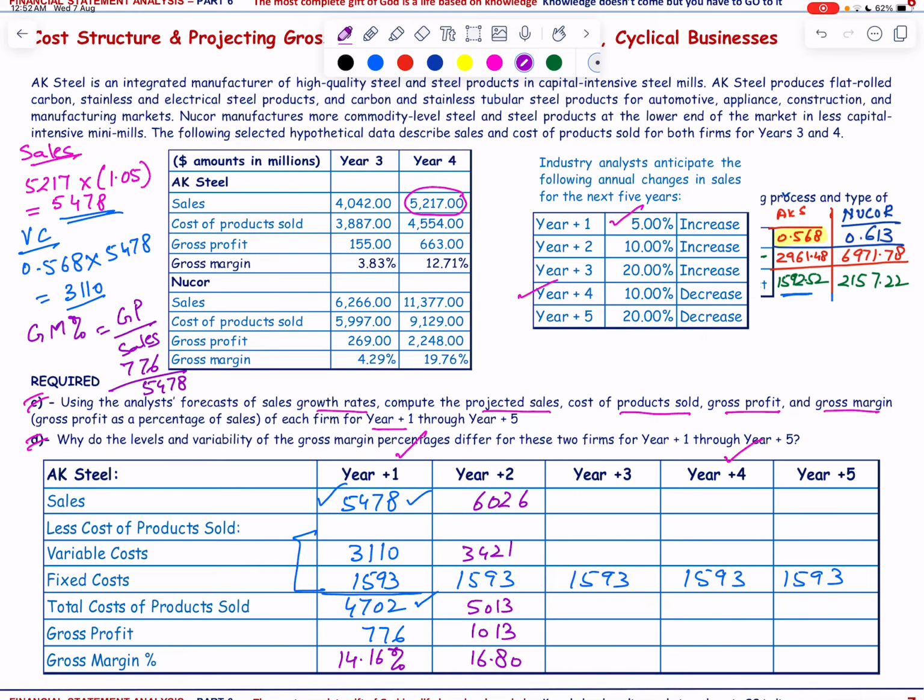For year number 3, the sales will be 7231, 4105 is the variable cost, total cost is 5697, and the gross profit is 1534, and this will be 21.21%.